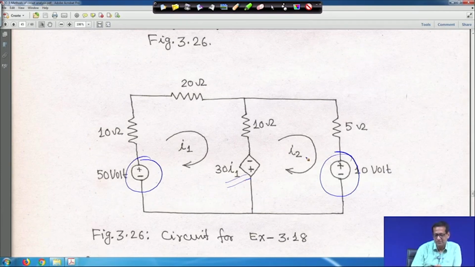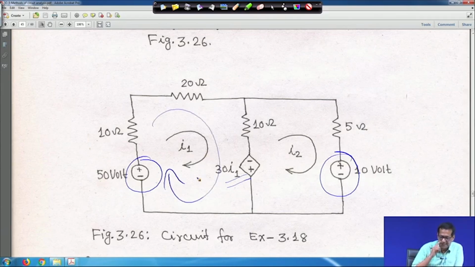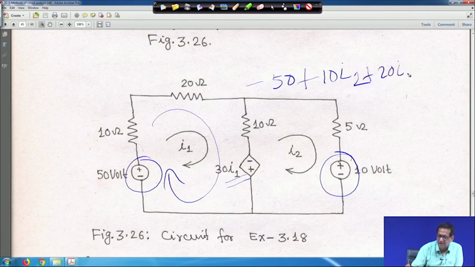Same as before, we write the KVL equations. This is mesh 1 and this is mesh 2. Moving clockwise in mesh 1, it is first minus 50, then plus 10 I1, plus 20 I1.